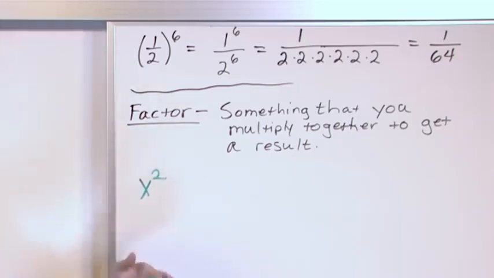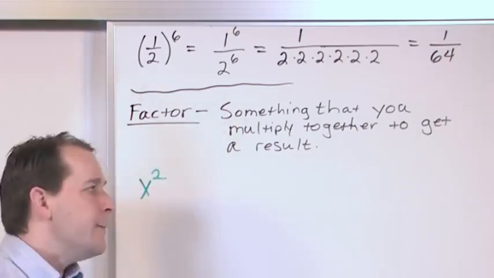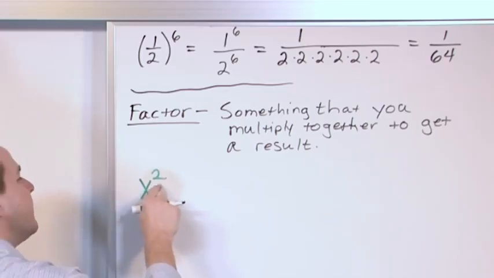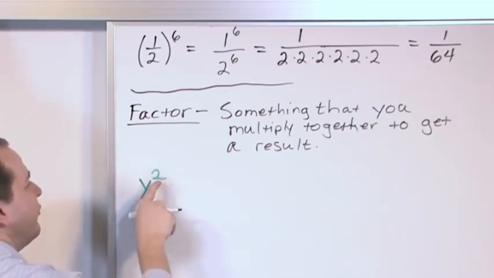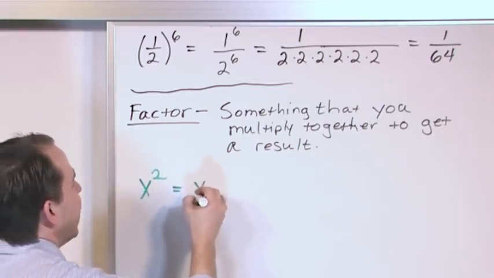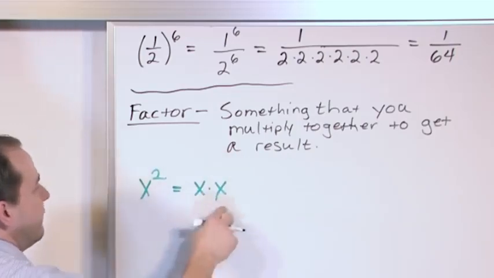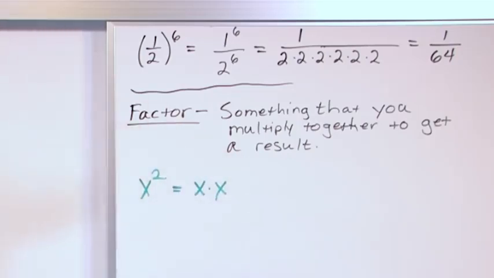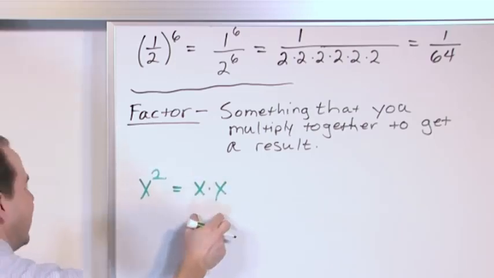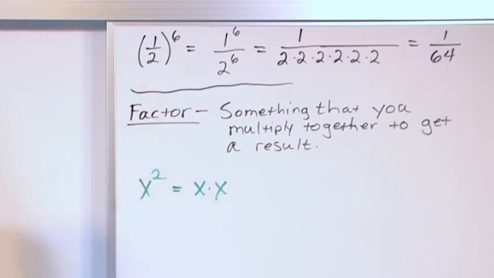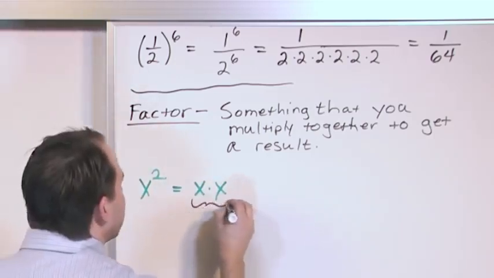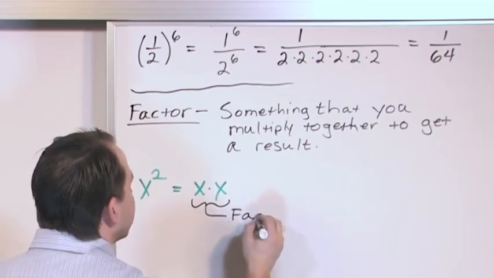So we don't know what it is, so we just keep it as x. But you also know that anytime you raise a number, which is what x really is, to a power of 2, it's the same as x times x. This is coming straight from the definition of what an exponent is. So these x's here, these are what we call the factors.